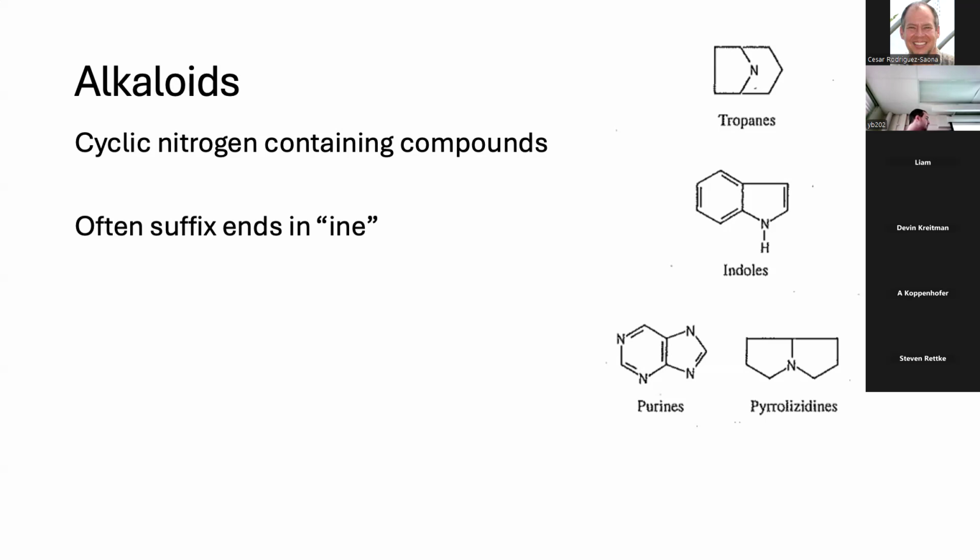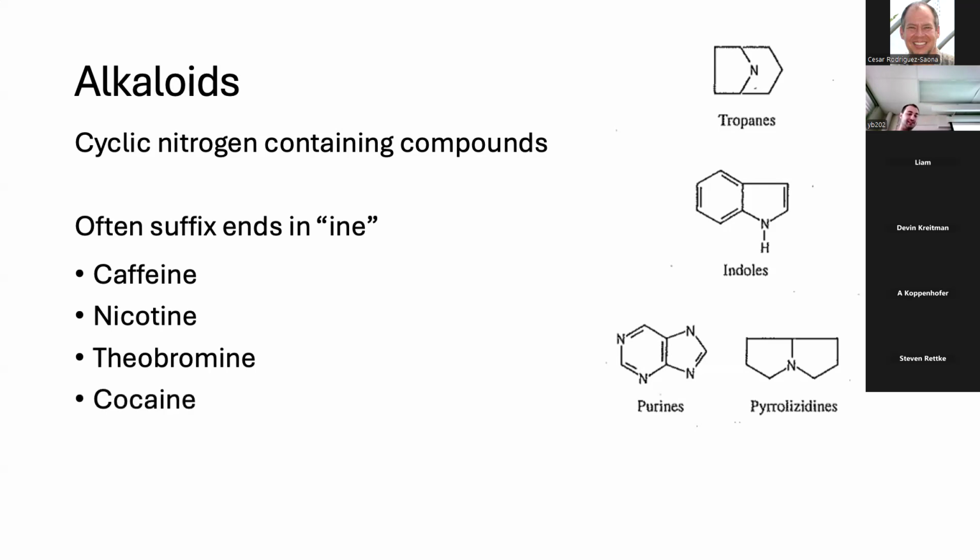So does anybody know any? Caffeine. Any of you drinking your coffee now? You're drinking alkaloids. Whoa. We have nicotine. Theobromine, that one's in chocolate. All this good stuff, right?